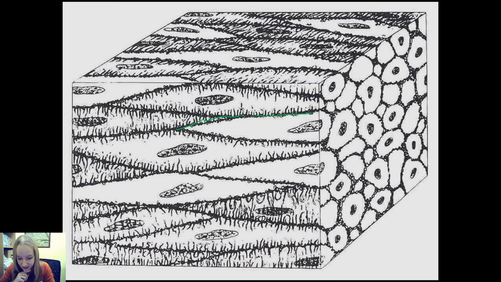We cannot see them here, but there is some intercellular space, and in this space there are many reticular fibers, which play a role in the cohesion of the cells. So we don't have specialized connections, just reticular fibers between them which are connecting them.